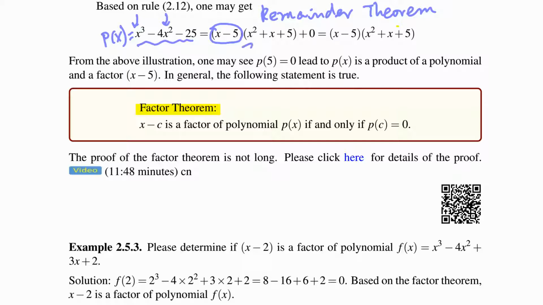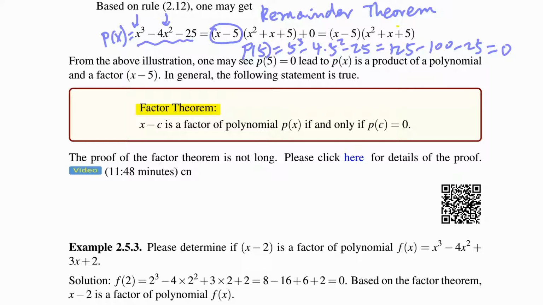Right here is p of 5 equals 5 cubed minus 2 times 5 squared minus 25, equals 125 minus 100 minus 25. Then we'll get the remainder. Accidentally, right here, the remainder is 0 without doing the division. That's what the remainder theorem says.